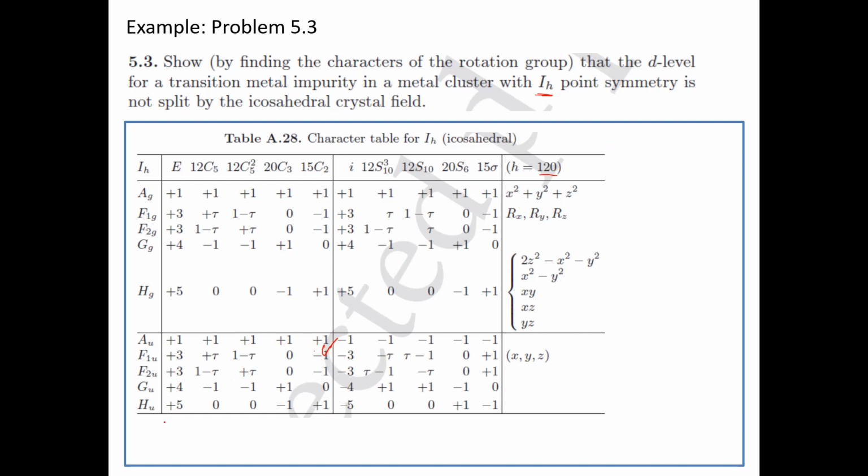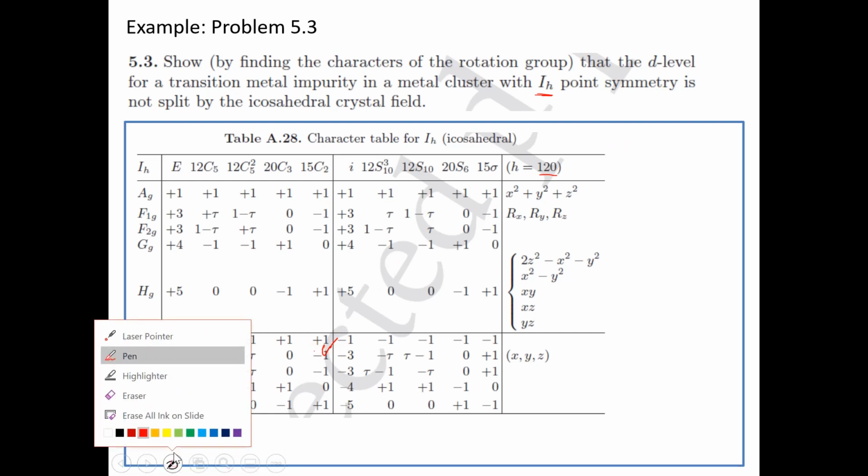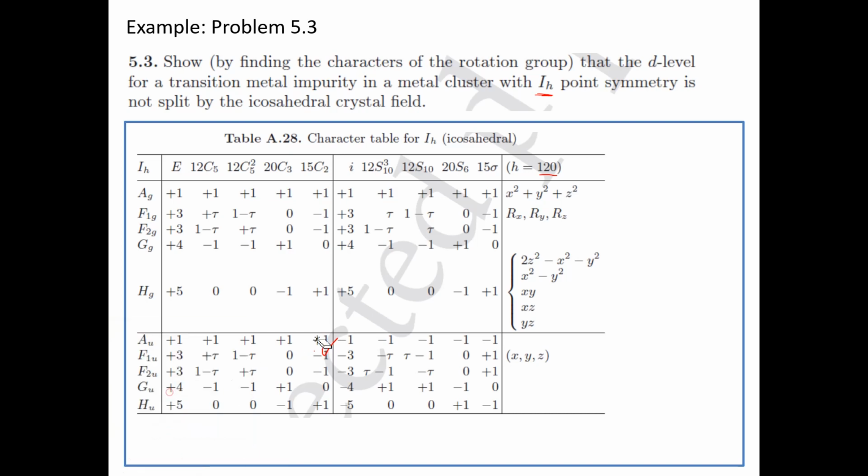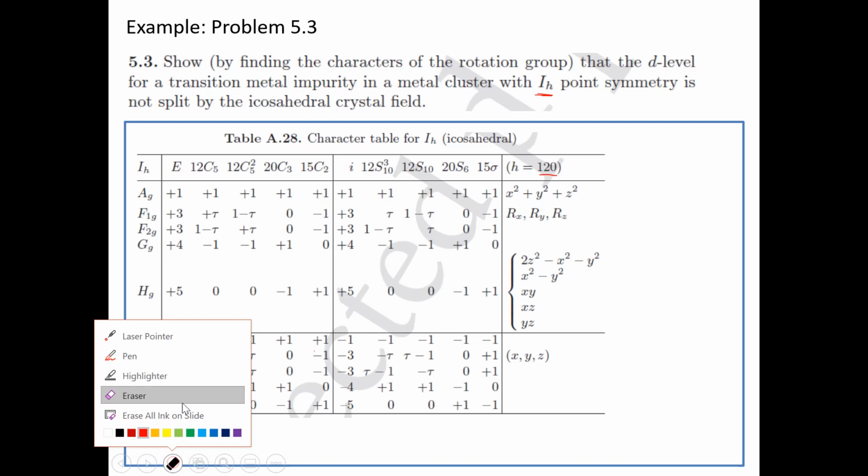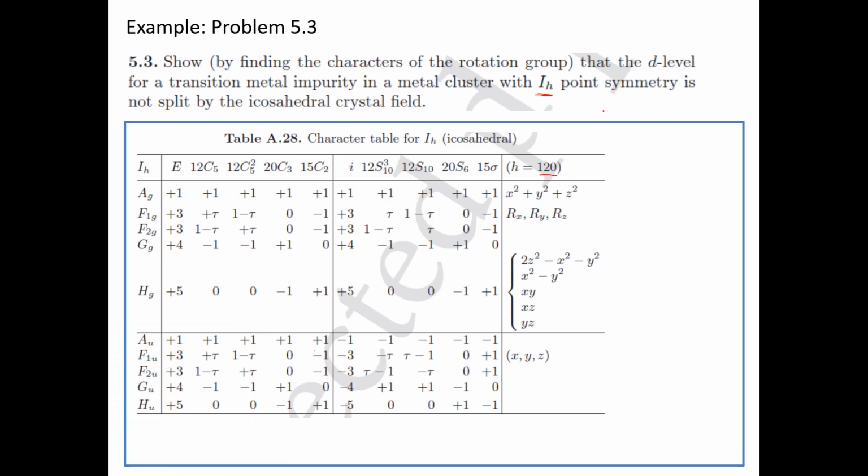We're going to start with the formula for the characters of the full rotation group under a rotation by an angle alpha. This is a relation that we showed last time.